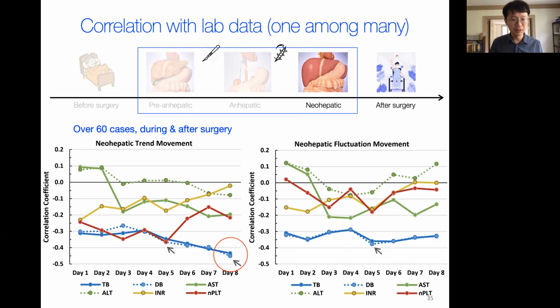Here, the total bilirubin, TB means total bilirubin, and the DB means direct bilirubin. Those are two indices physicians look at to evaluate if the liver transplant is good, or if there's any big trouble in the liver transplant, because it tells us if the biliary duct has any troubles or anything.